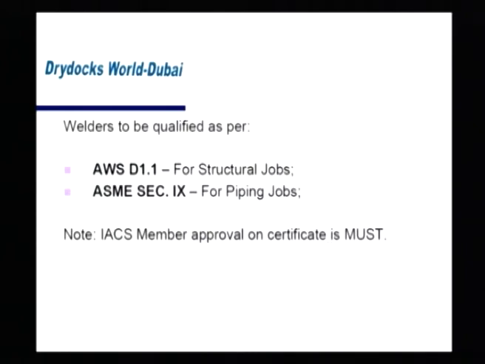For steel jobs in the tanks, or any job which is related to AWS D1.1, and with the piping, we are using qualification of the welders as per SB9. Of course, some of the clients, especially from Europe, may ask for some other qualification, like as per European norms, or some other codes. But what is important, and what is a rule here in the yard, is that all guys who are working on the piping must be qualified with SB9, and all other guys as per AWS D1.1.